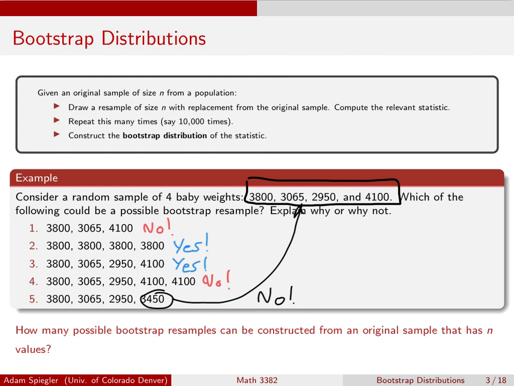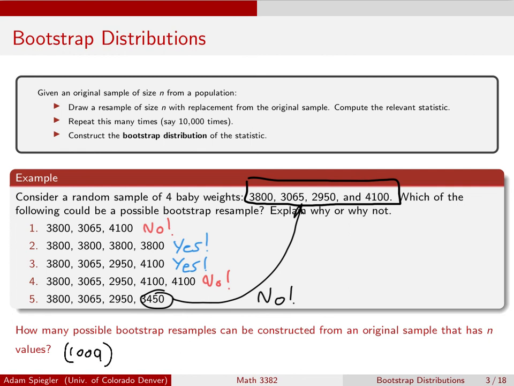And as we're going to set up simulations to create these bootstrap resamples, these bootstrap distributions, it might be good to just think about, well, how many possible bootstrap resamples can there be? And so if we return to the North Carolina birth weight example, N was 1,009 because we had 1,009 observations.